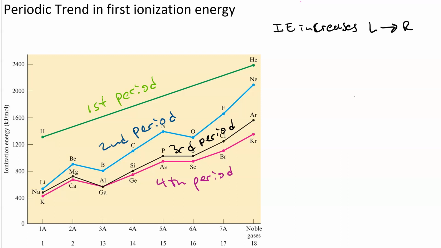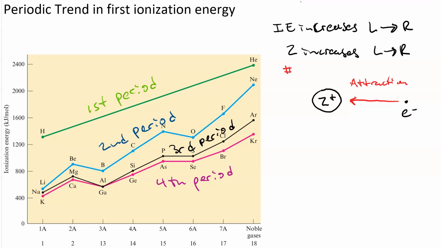This is because of the increase in nuclear charge as you go to the right. Moving to the right on the periodic table, there are more protons in the nucleus, hence a stronger attraction between the nucleus and the valence electrons.